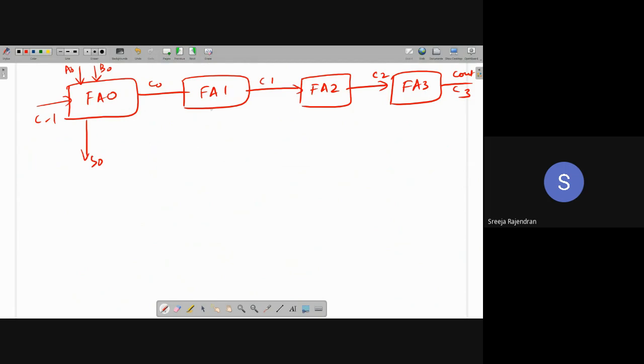But the moment I come here, this carry has to come, so there is a delay involved, which is the delay of the gate. If this has one stage delay delta, to get the sum here I will have 2 stages of delay. Similarly, I will have 4 stages of delay to get the carry out. As many stages, that much delay I have. If I have a 16-bit adder, I will have 16 stages of delay.